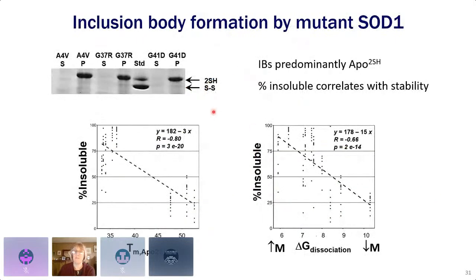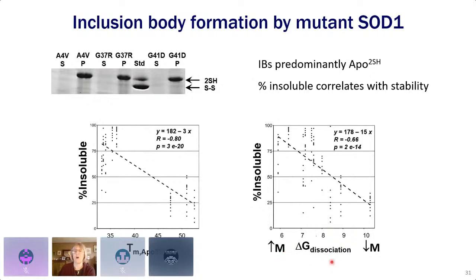So what we found is that the mutations promote inclusion body formation. So this is, again, soluble versus pellet. The mutants are in the pellet, and they're in the reduced, apo-reduced form in the pellet. We found that inclusion body formation does correlate with stability. So as you get more stable, with a higher melting temperature, you have less inclusion body. And surprisingly, we saw that the proportion that was aggregating was also associated with the delta G of dissociation for the dimer.